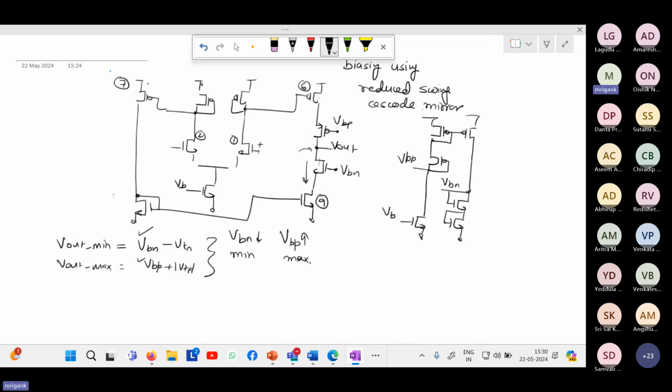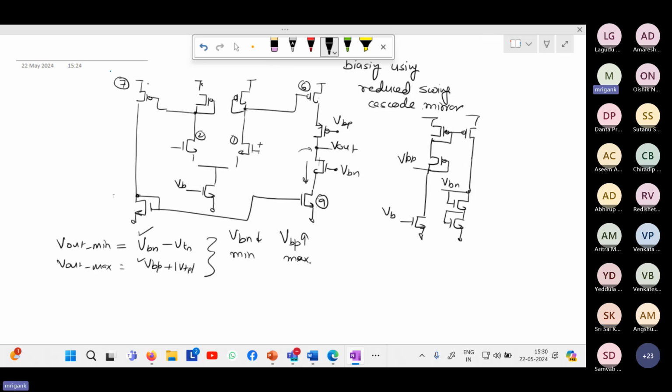VBN is dependent upon what? The r naught of the PMOS above. If its r naught is very high, it can generate a high potential drop across it without changing the current much.